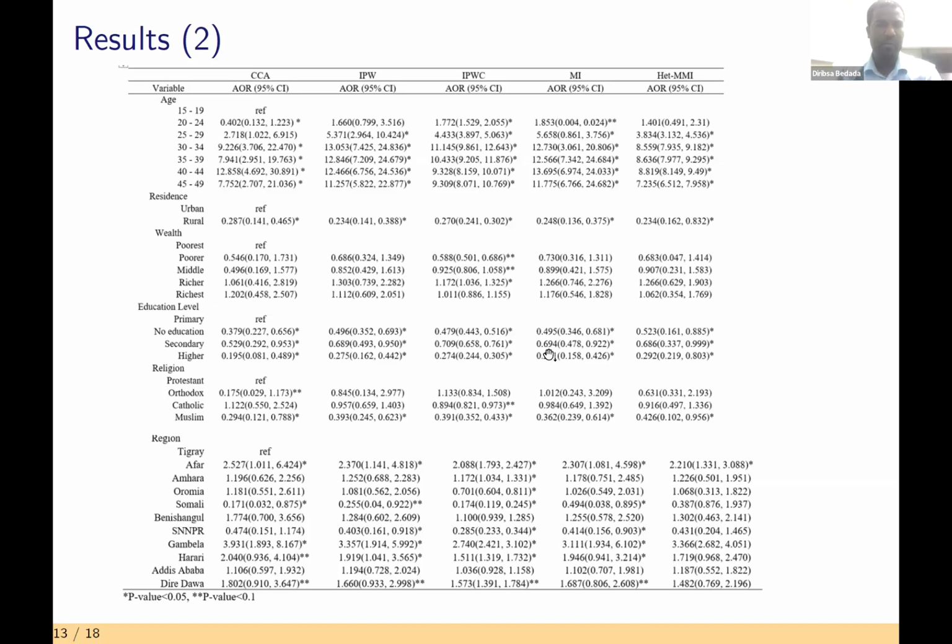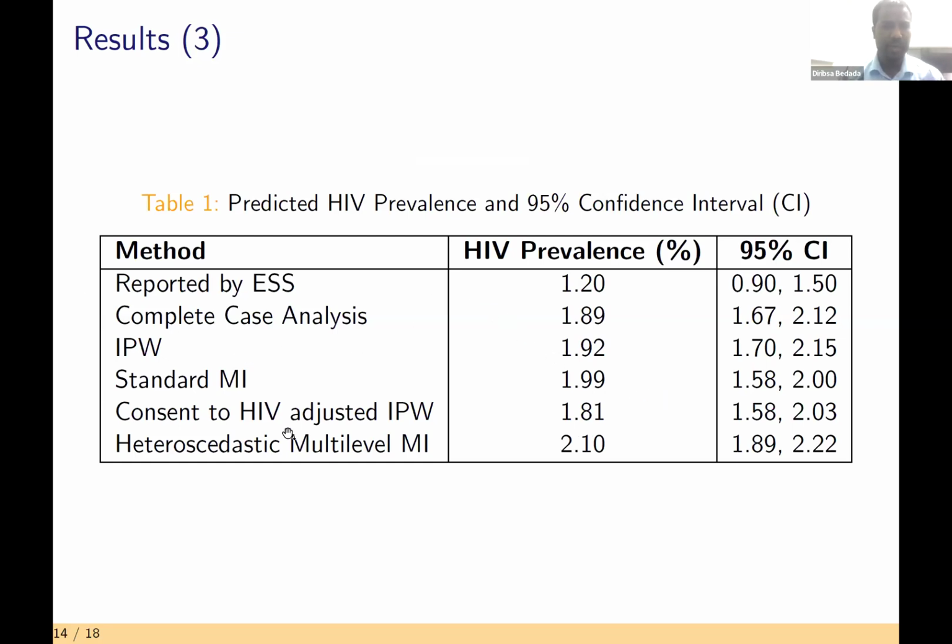And finally, we also predicted HIV prevalence using the 5 approaches. And we also included the one reported by the Ethiopian Statistical Service, and in theory and using preliminary simulation studies, heteroscedastic multi-level multiple imputation is robust compared to the other approaches in terms of bias, coverage probability, confidence width, and the root mean square error.